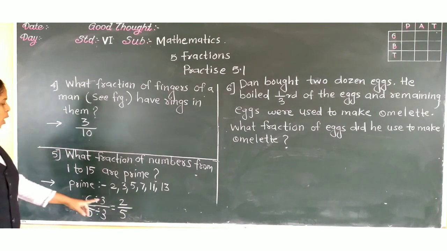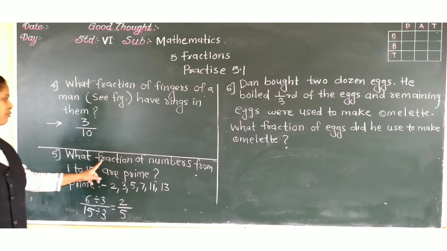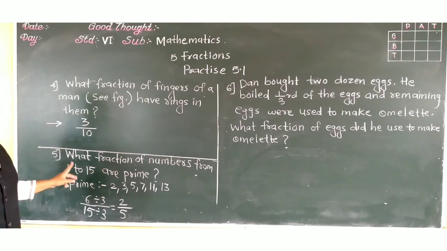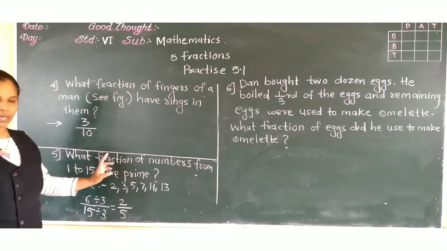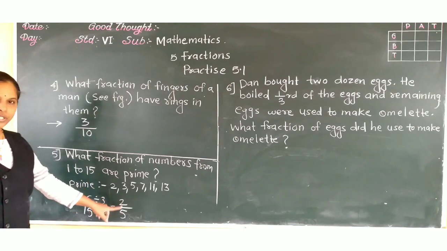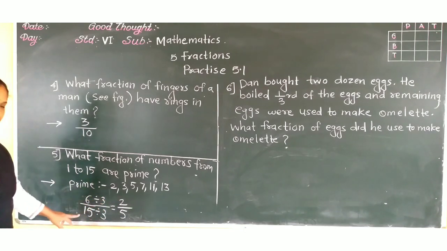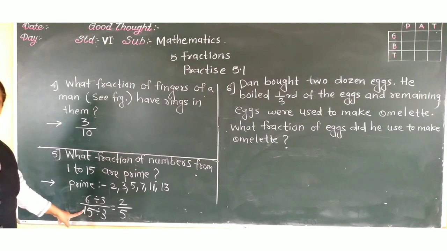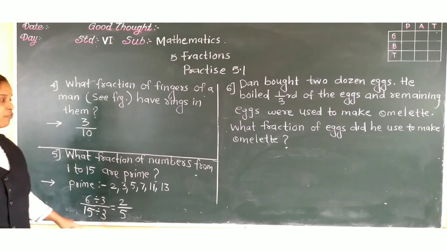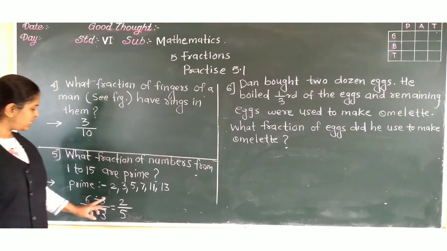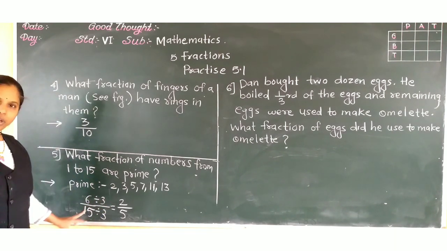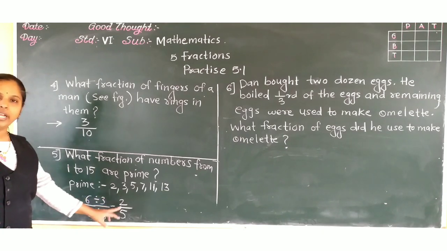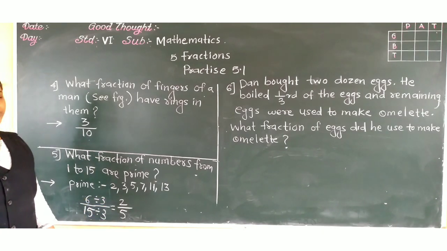So 2/5 fraction of numbers from 1 to 15 are prime. Okay, answer is 2/5. If you write 6/15, then also it's correct, because out of 15 numbers 6 are prime and they ask us to write the fraction of it. So answer is 6/15, or divided by 3 you will get 2/5.